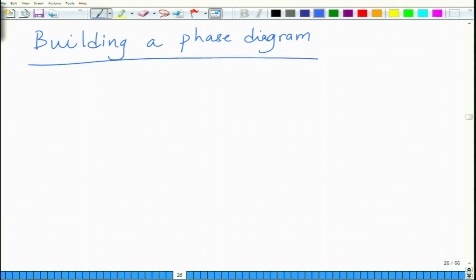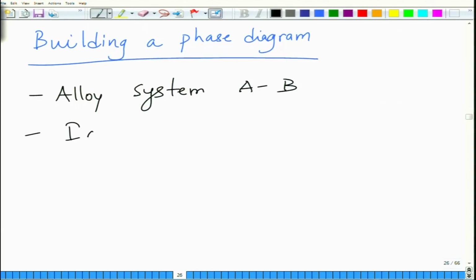We have said that the chemical potential must be equal for each element in two different phases, and that is obeyed by activity as well. So now let's look at an alloy system A B. It is an ideal solution.